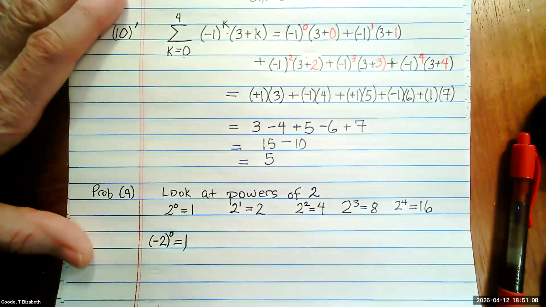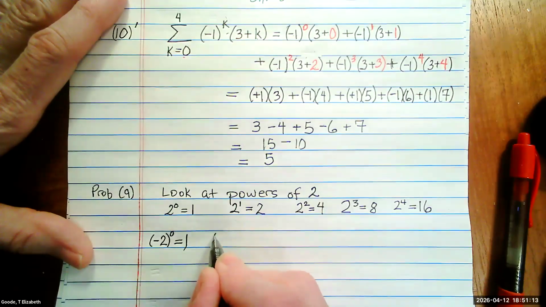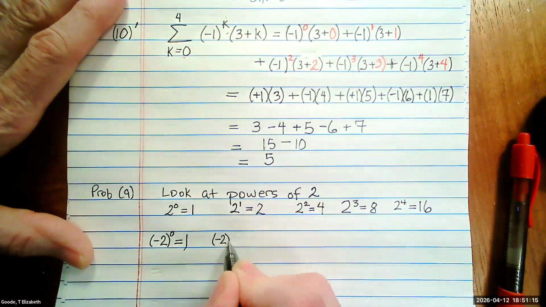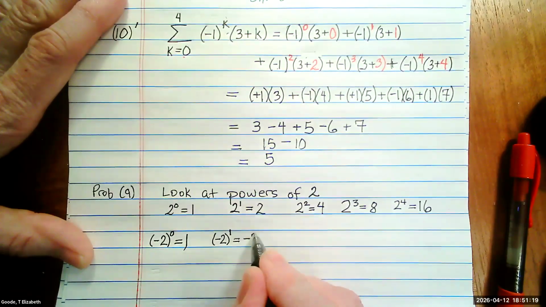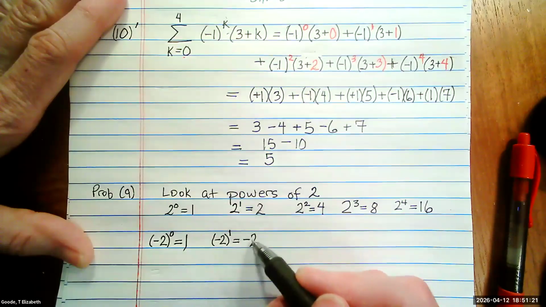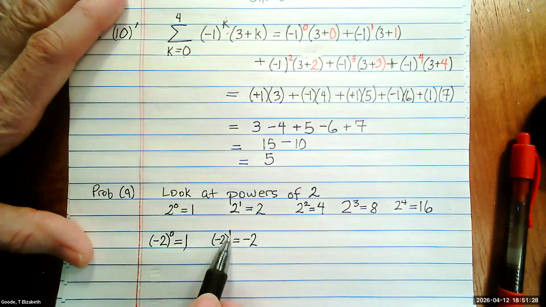Anything raised to the 0 is 1, okay? -2 raised to the 1. Well, that's just -2. It's the same distance from 0, which is 2, but it's going to be negative because 1 is an odd power.